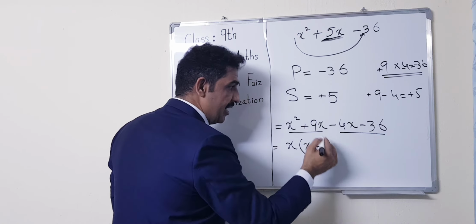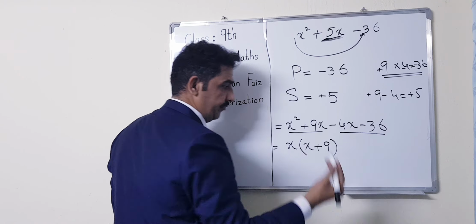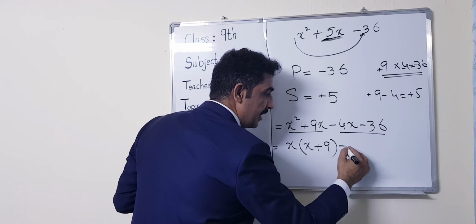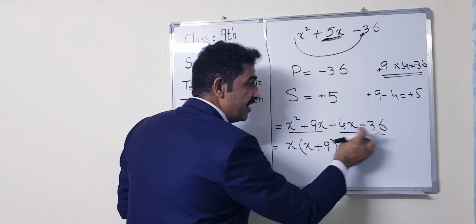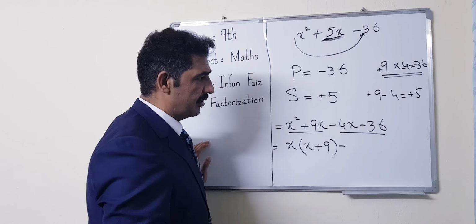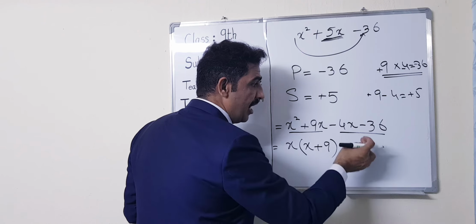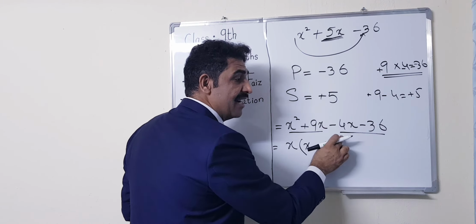And the same sign plus. Here, when you take x common, what is remaining inside? 9. After that, the negative sign, which you have to write here. What is common? x is not in both terms. So which number is common in both terms? 4 or 9? 4, because this term is divisible by 4 but not by 9.